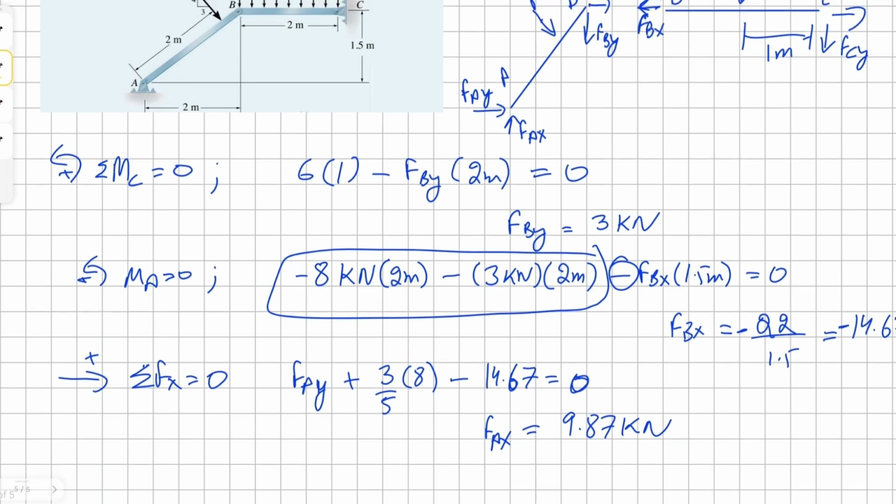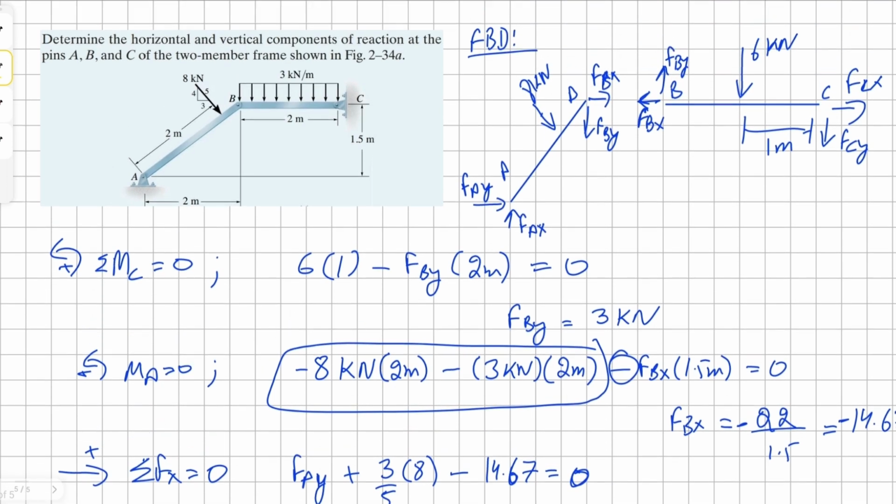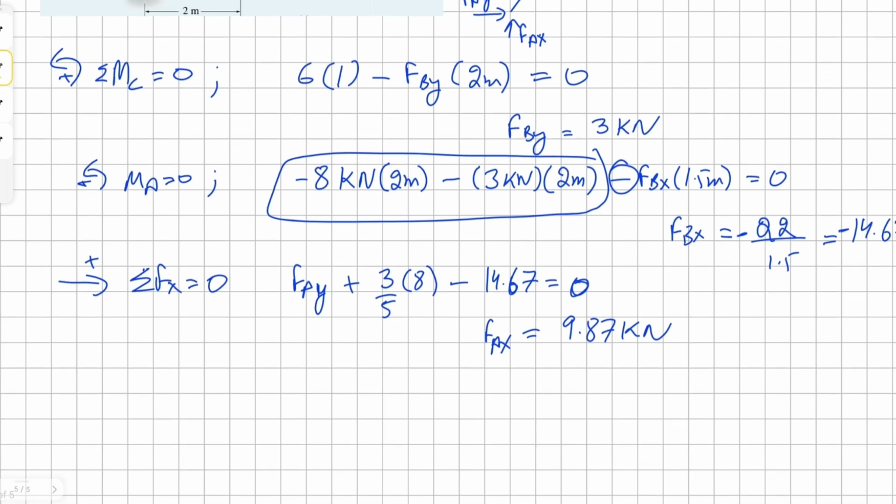We have found the value of Fpx. What else is remaining? Okay, so we are missing Fay. Let's do sum of forces along the y-axis, and that should give us our Fay. We can assume going up as our positive.